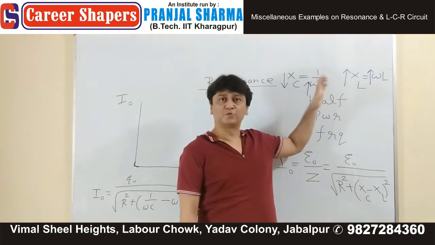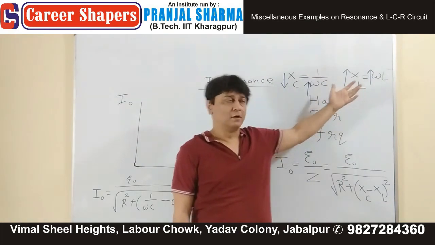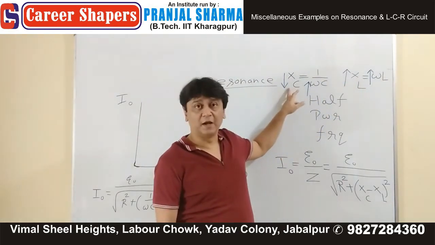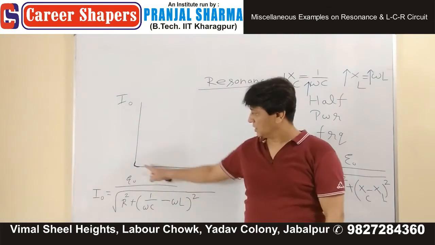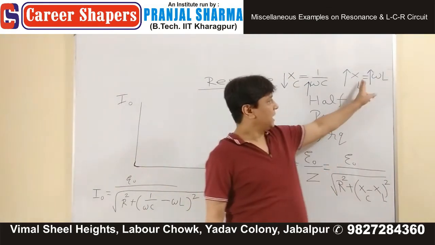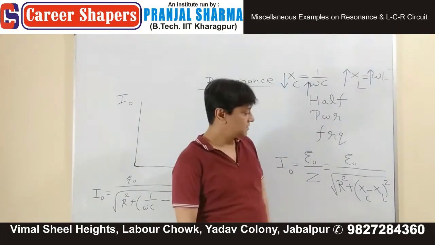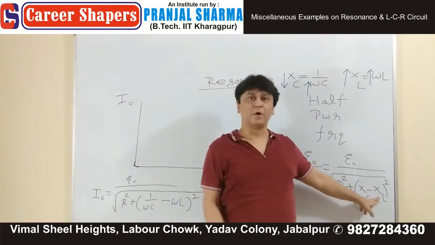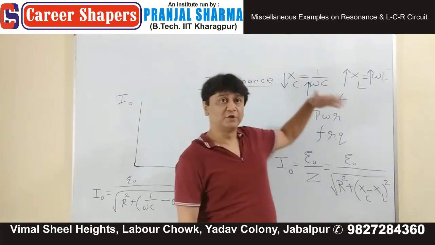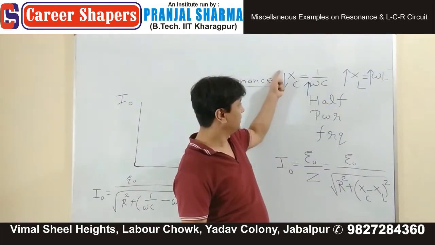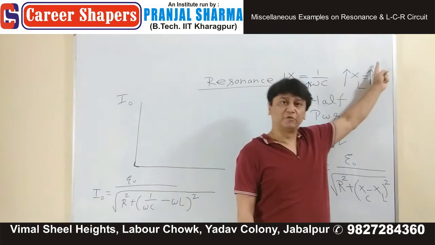Something upon 0 is what? Infinite. So XC is very large. XL is 0, very small. And as you increase omega, XC decreases, XL increases.